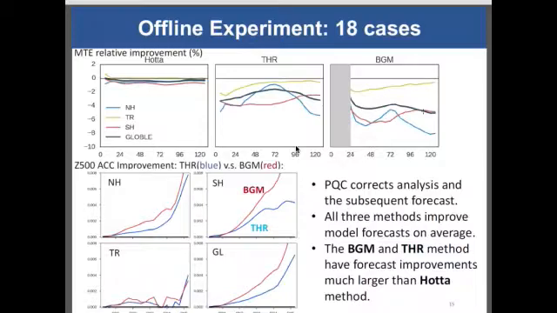And then we also can compute the geopotential height at 500 hectopascal with the ACC score and verify with the ERA-Interim. And we can see that for the global average, the threshold method improves the forecast, and the beneficial growing mode improves the forecast even further.